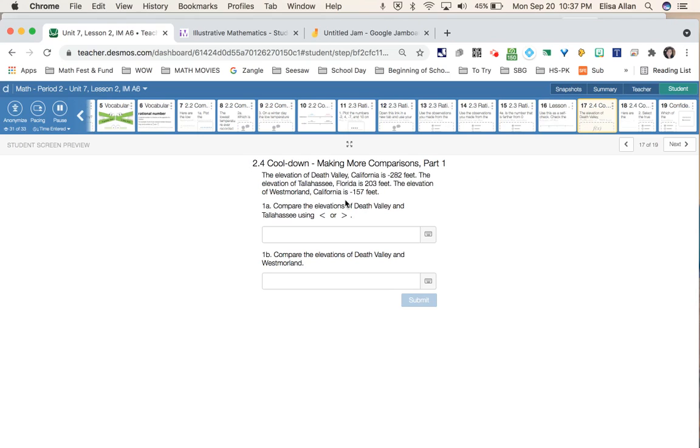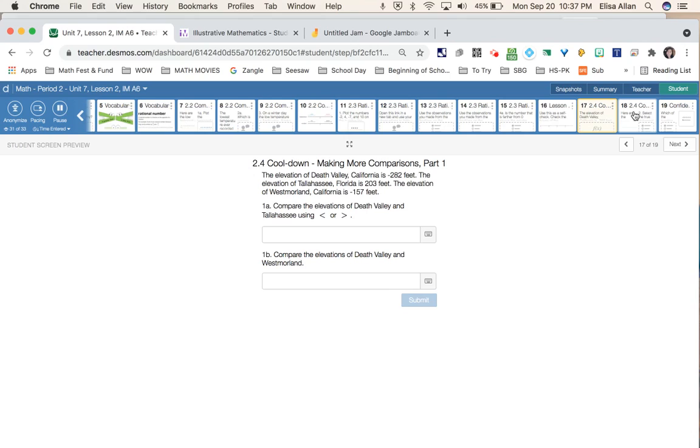All right, again, here you're writing some inequalities. So use your less than or your greater than symbols, please. And you have the information here to tell you which numbers you would be using as we were creating these number sentences, these inequalities, okay?